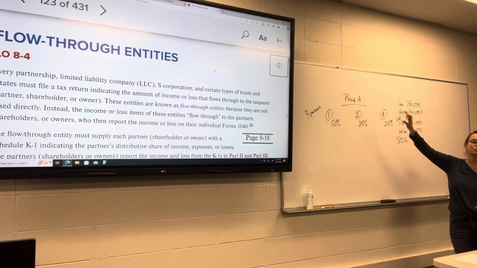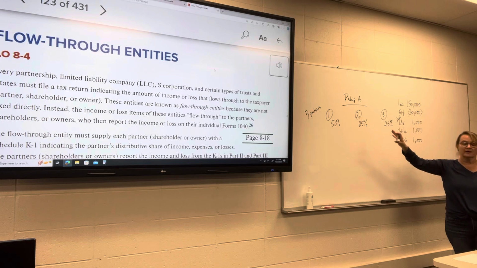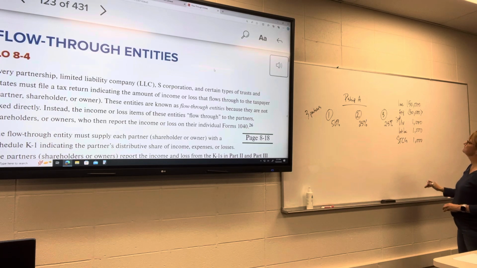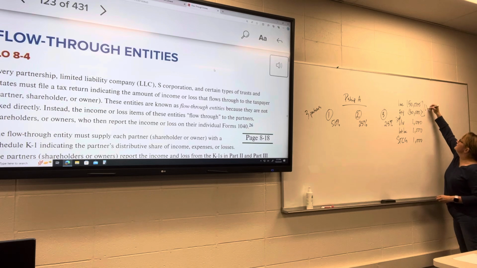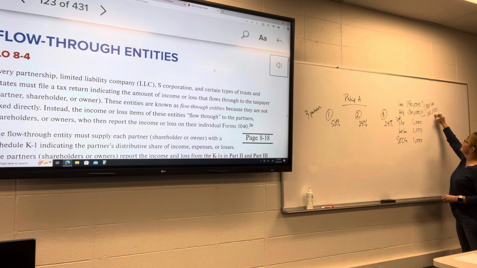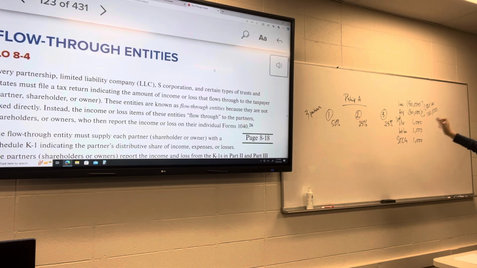itself. I'll show you how this is reported in the form that it's all reported on. These are the owners. What happens, so this is the ordinary income from the partnership, $100,000. That ordinary income, the partnership doesn't report it. Well, doesn't pay tax on it, I should say. They report it on their tax return.